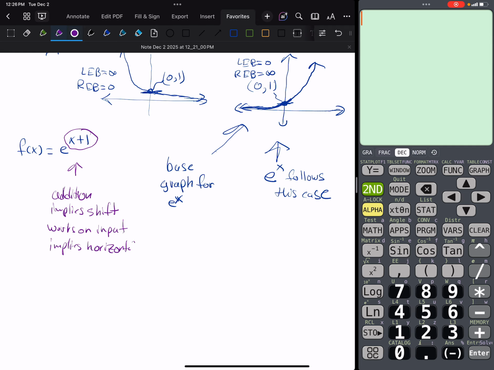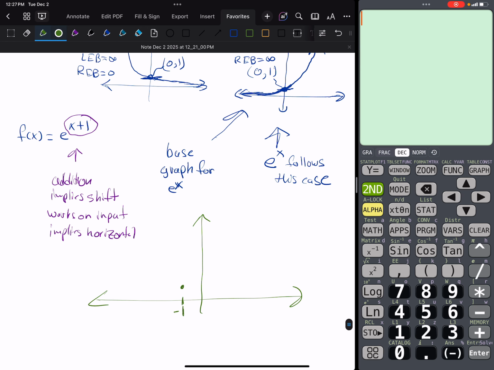And remember, horizontal shifts behave backwards of how you expect them to. To compensate for the +1 that's been added, my x values must be 1 smaller. And so I'm actually going to shift left 1 to end up at the same place. So my sketch will be that base graph, but everything will be shifted left 1. Where I was at the point (0, 1), I'm going to be at the point (-1, 1).